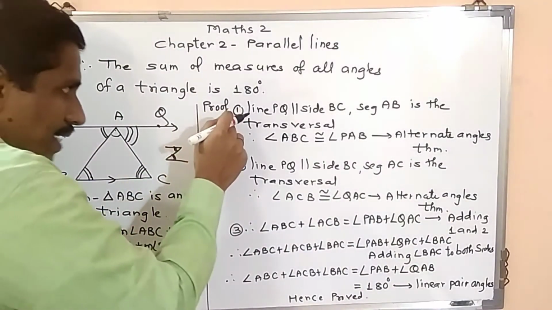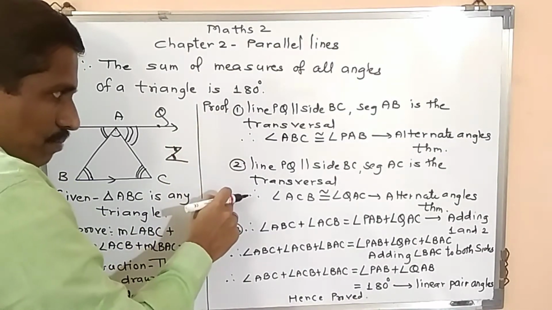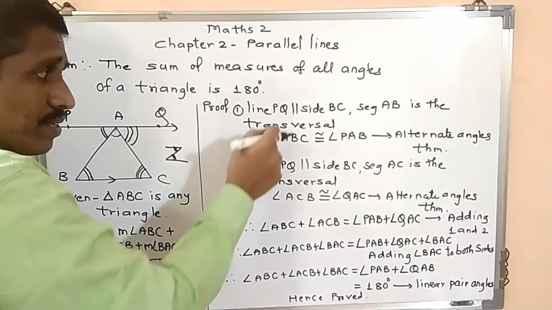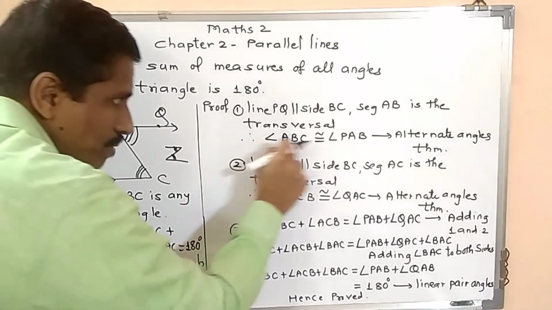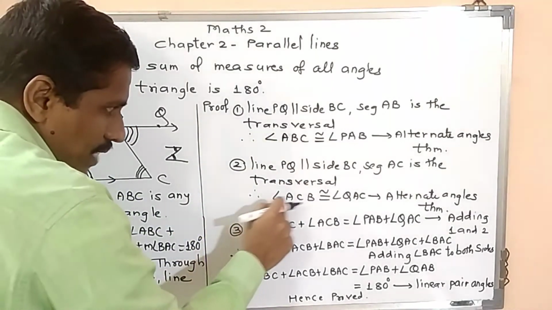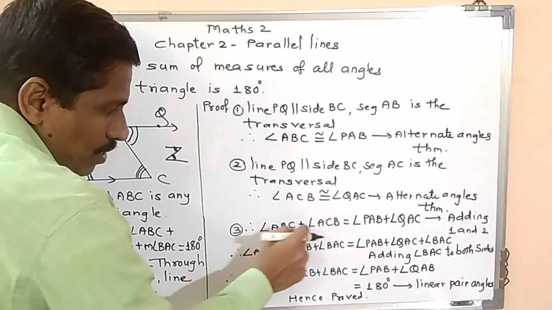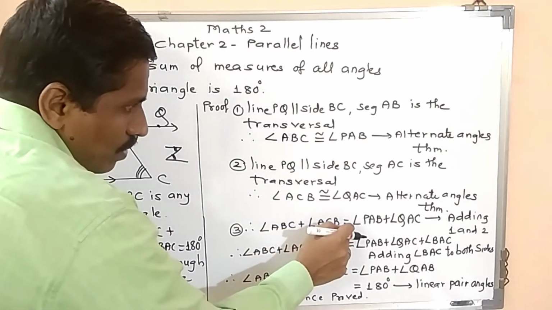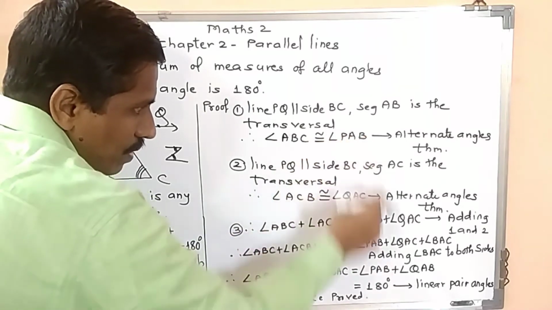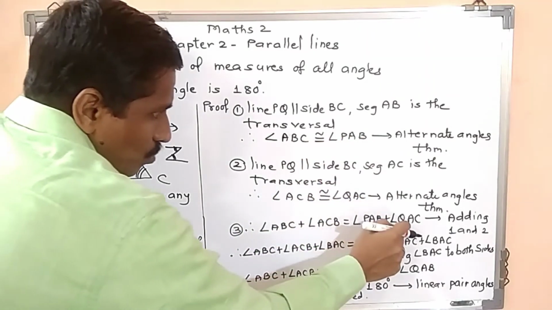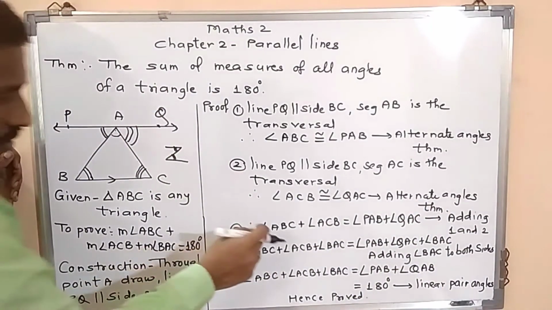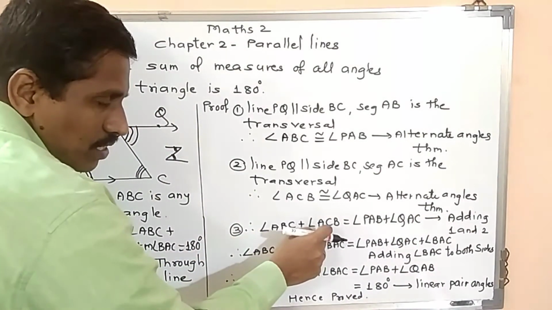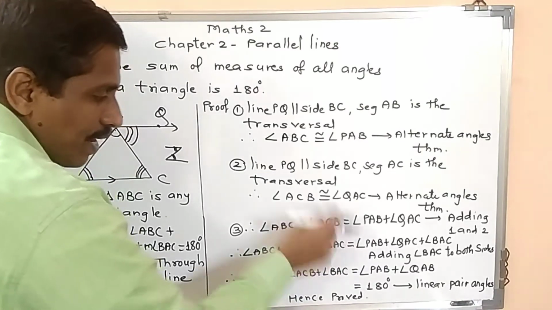Now, I will add statement number 1 and statement number 2. We should add left hand side to left hand side. Angle ABC plus angle ACB is equal to angle PAB plus angle QAC, adding statements 1 and 2. Now here I am getting two angles, the sum of two angles of a triangle.